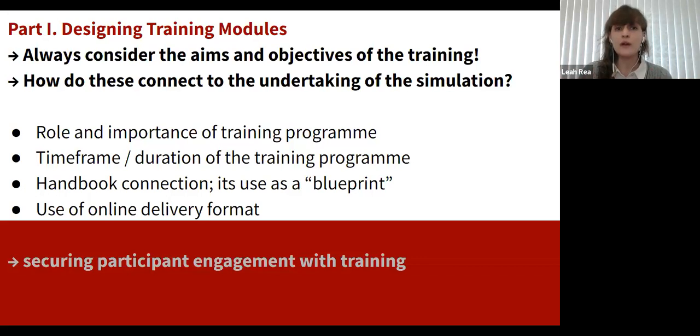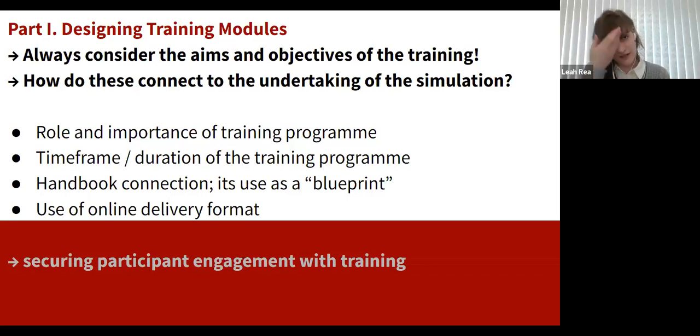And in so doing, we will make constant reference and use of the handbook in the sessions themselves, whether it's direct specific citations or references, or just constantly reminding participants that the handbook is their guide for the simulation. And that again is to ensure that they feel that they have the tools and the understanding necessary to become as involved in the simulation as possible, but again, they feel comfortable and confident in doing so.